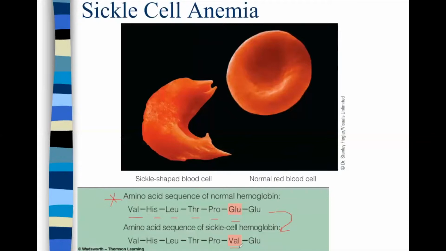And that one single change completely changes the structure of the entire molecule. And the problem with this is these sickle cell-shaped blood cells can't carry oxygen. They can get stuck within the bloodstream, they can clump, they can become very painful, they can lead to shortness of breath, exhaustion, and ultimately can even lead to death.